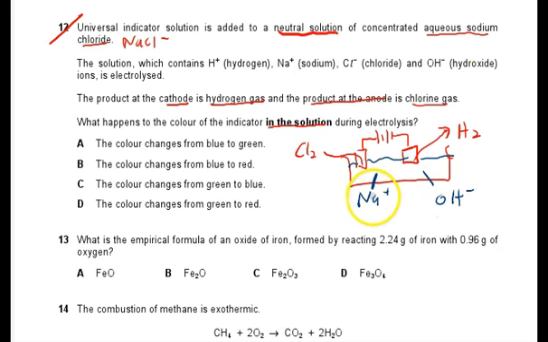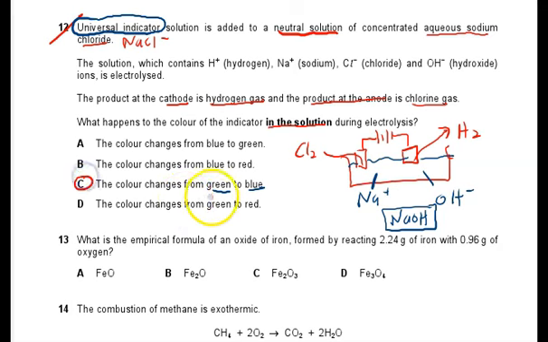When they combine, it will form sodium hydroxide, which is an alkaline solution. For universal indicator in alkaline, the color will change from green to blue. So your answer here will be C. Why green? Because they have mentioned here it is a neutral solution, so neutral to alkaline. Okay, this is for number 12.